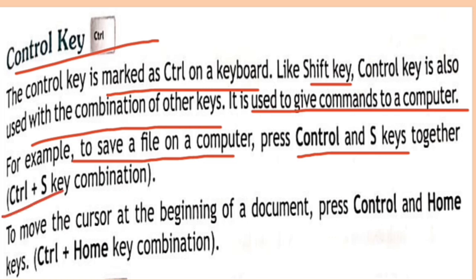That is, the combination is CTRL plus S to save a file. In the same way, if we want to move the cursor to the beginning of a document, then we will press the Control plus Home key combination.